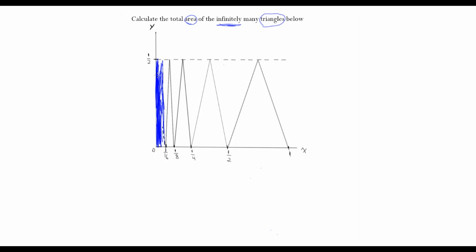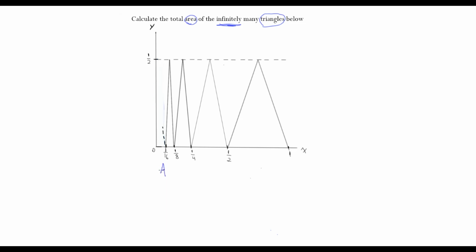So we have to calculate the total area of these infinite triangles, which is typically what we use a series for. Now, an infinite series is exactly just this: numbers that will eventually get so small that they'll sum up to something. These triangles look like they're doing the same thing. So, area.